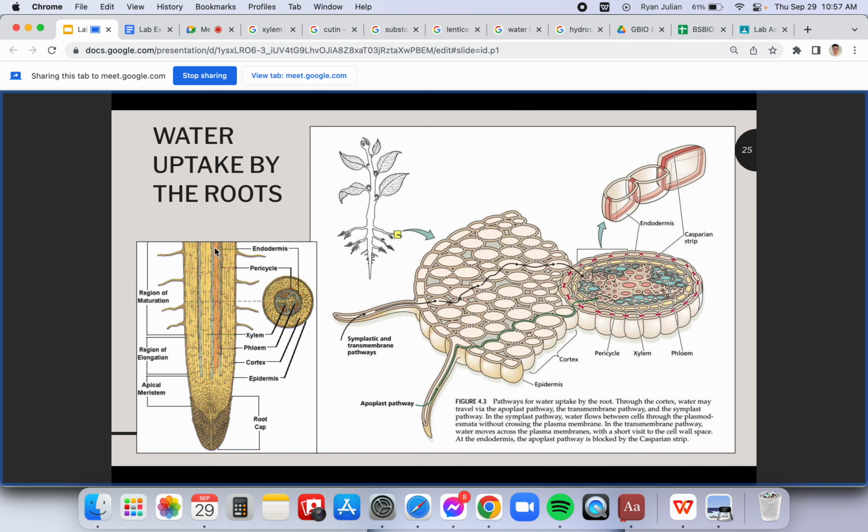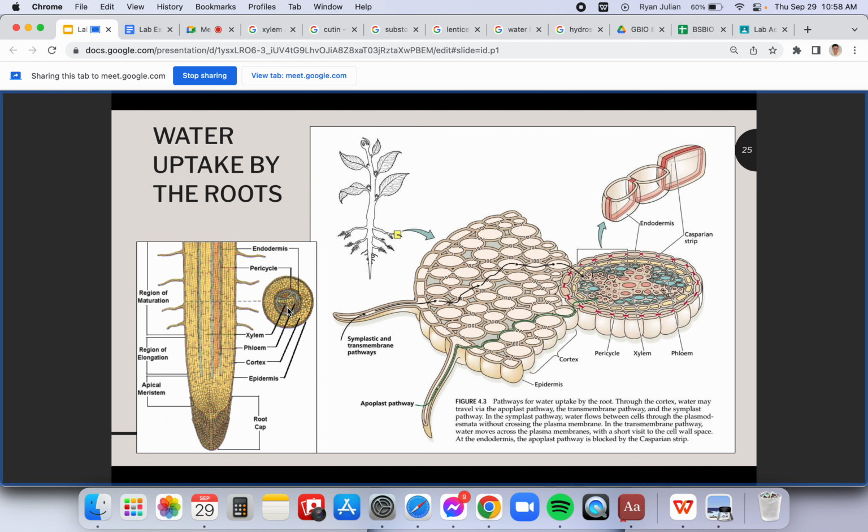This is the cross section of the roots. Primarily, you can see different regions. For the upper region, the region of maturation. For the medial region, it is the elongation. And for the basal region is the apical meristem. For its parts and other properties, we have the endodermis, which is the superficial layer of the roots. It is also encompassed by the pericycle.